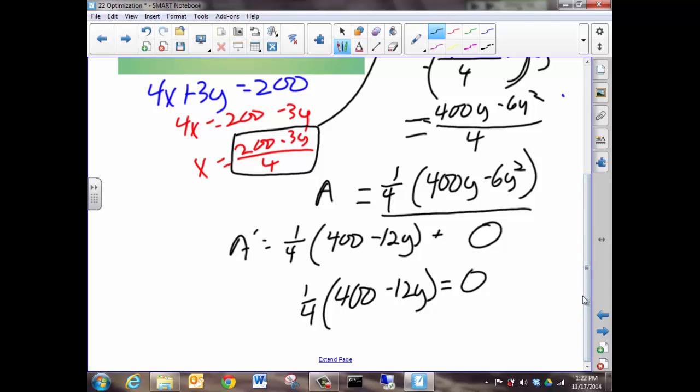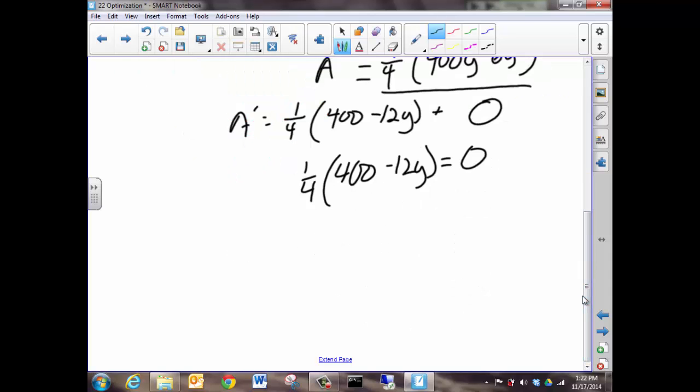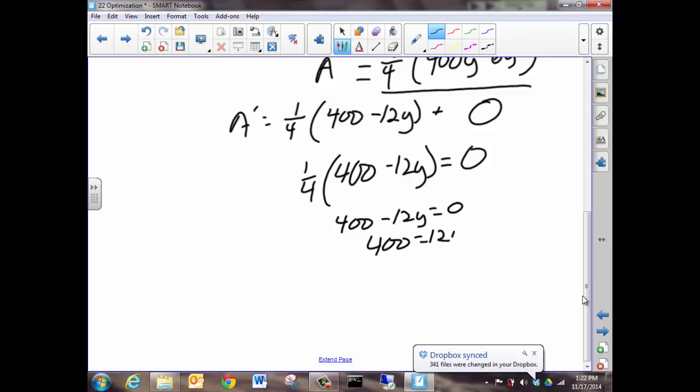What are you going to do at this point in time? You could distribute the 1/4. Couldn't we divide both sides by 1/4 now also? If we divided both sides by 1/4, we just get 400 minus 12y equals 0. So 400 equals 12y. So y equals 33.33 repeating, something like that.